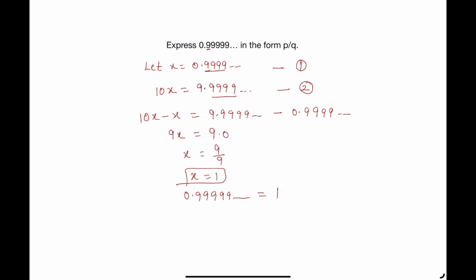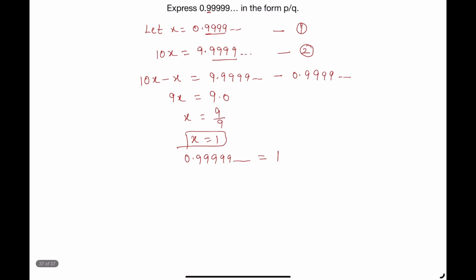All right. Let me show you by approximation, another way to think. If we look at the first few terms, like 0.9, then 0.99, then 0.999, 0.9999 and so on, each successive number gets closer and closer to 1, right?